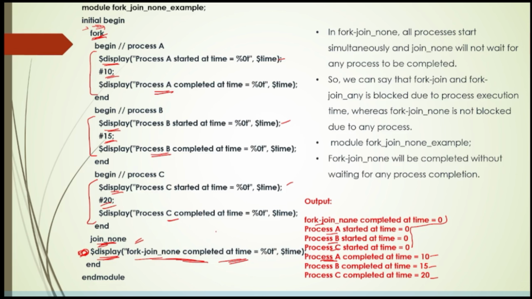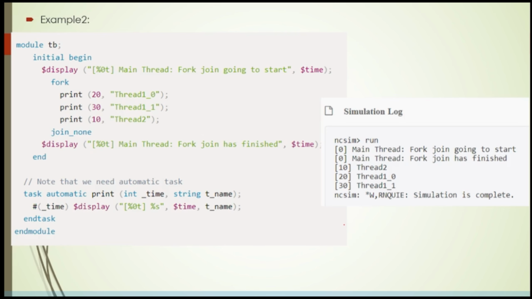If it is fork join any, what is the difference? If it is fork join any, then at least one, that means after the execution of these 10 time units, this particular statement is executed. So that is the difference between this and that. Hope you got the difference between fork join any and fork join none.